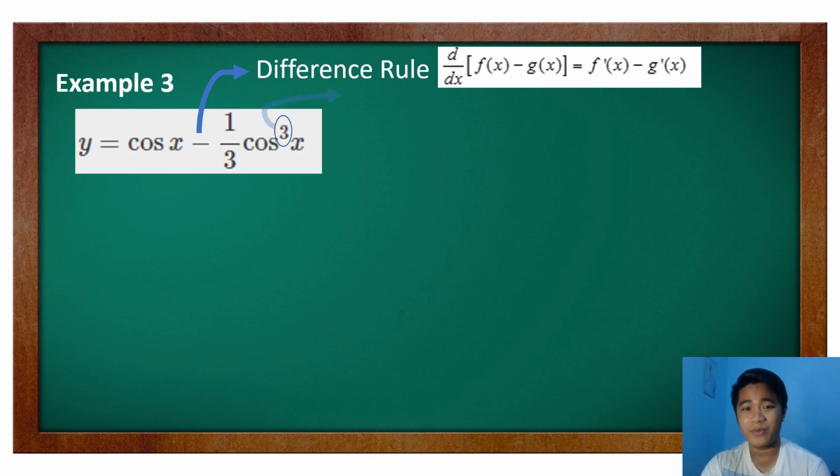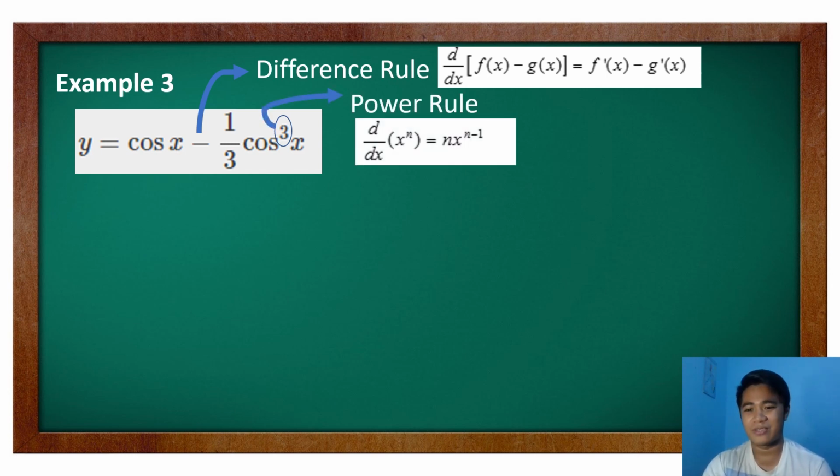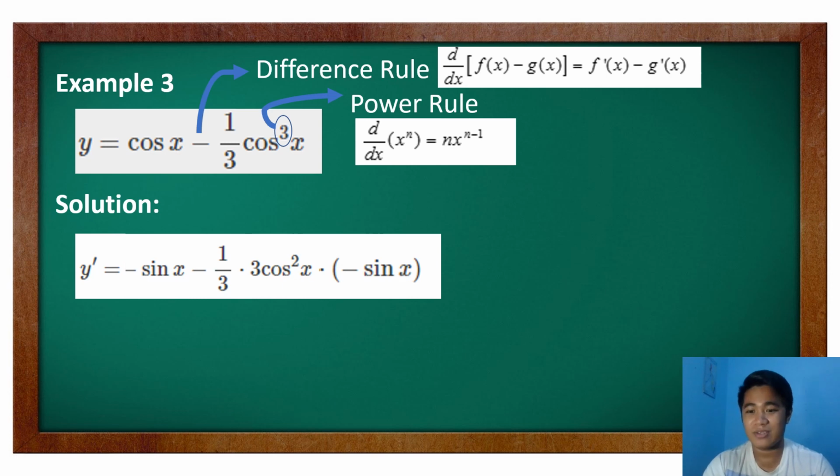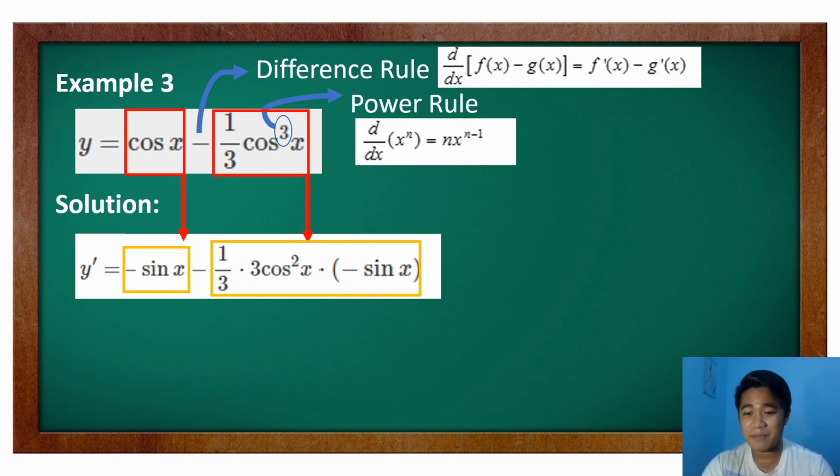So for that, we will be using the power rule, okay? So in our solution, we have y prime, or the dy over dx, is equal to that one, where the differentiation of our cos x is this one, and the differentiation of our 1/3 cos x cubed is this one. So that means we are differentiating it separately, and that is being separated by the minus sign.